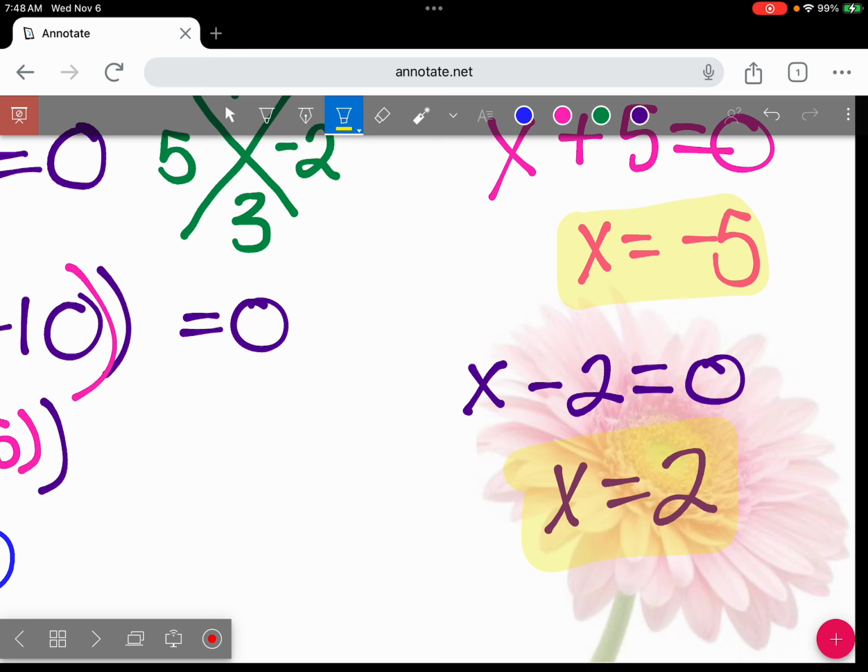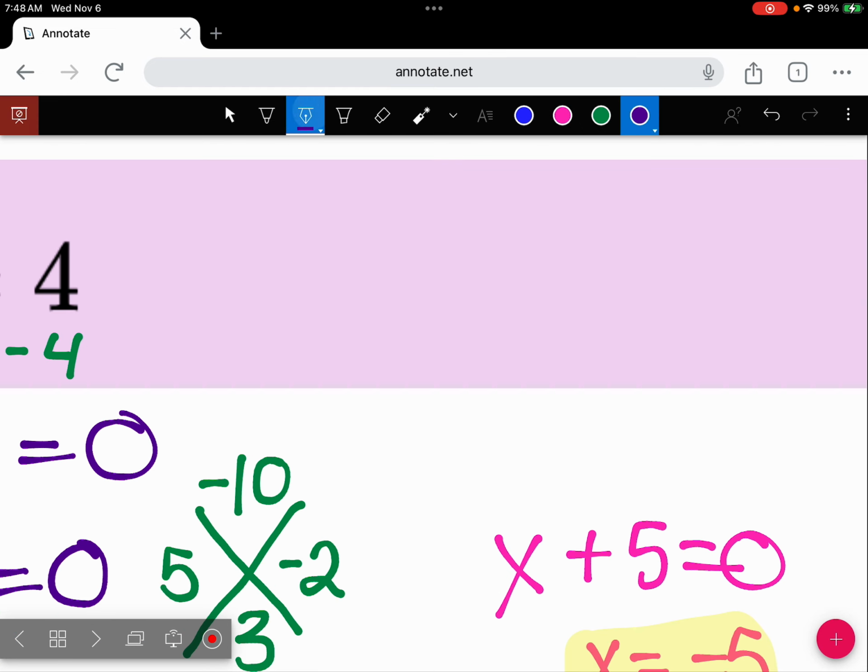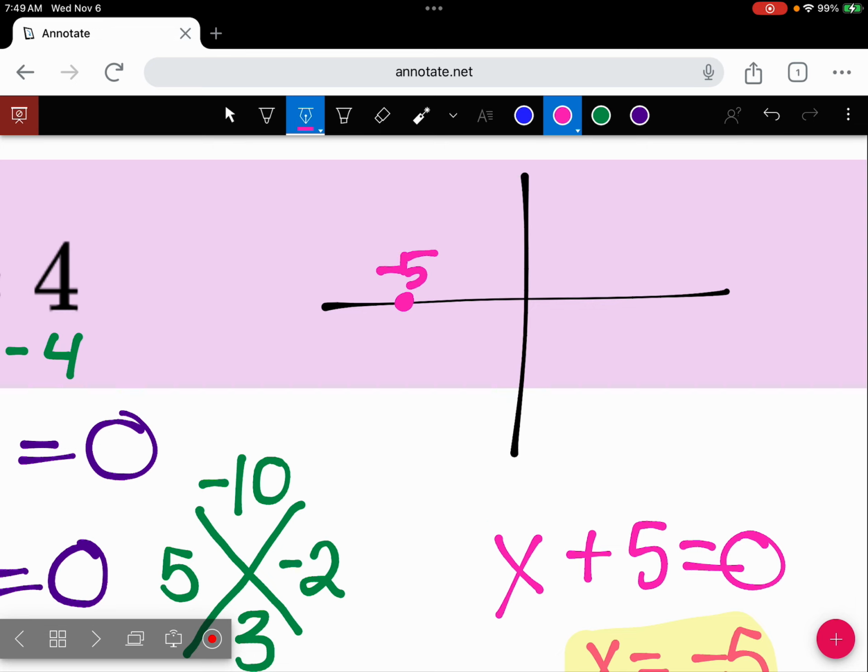So what are we going to do with these x's? Those are finding our x-intercepts. If I was to graph this, -5 is this point right here, and +2 is a point right there.